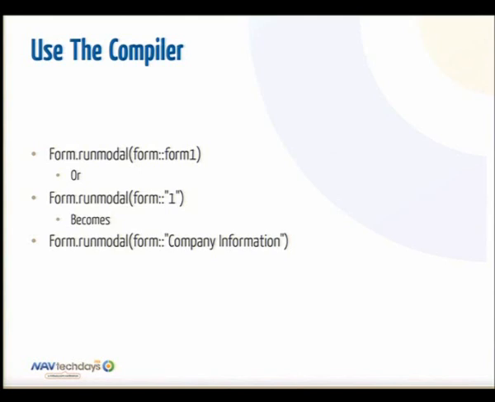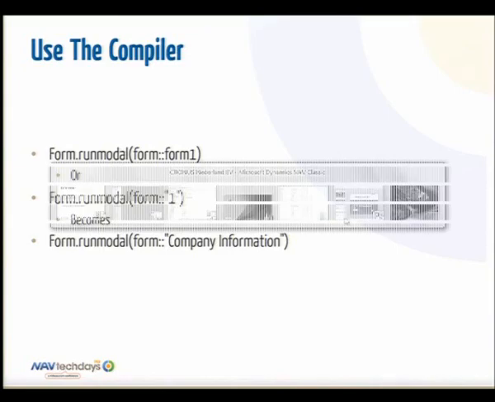And then a lot of times you see this form.run and then 1 instead of form and the company information name. Basically the reason for that is that it's a hassle to find the form name and type it and so on. But the compiler is easily fooled.